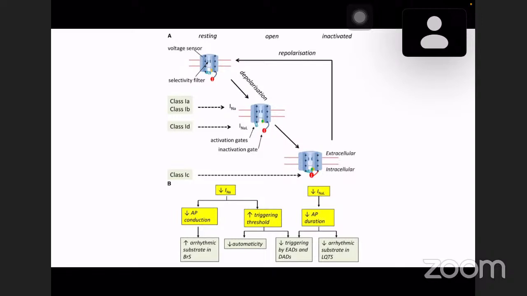Thereby, by decreasing the action potential conduction, it increases the arrhythmic substrate in the tissue, and by increasing the triggering threshold, it decreases automaticity and decreases early and delayed afterdepolarization. In the delayed late sodium current, it also decreases the action potential duration, and it decreases the triggering of early and late depolarization currents and triggered activity.